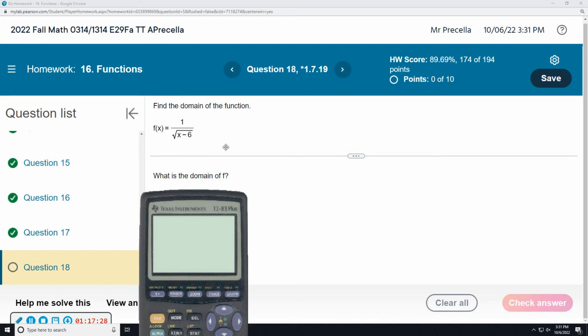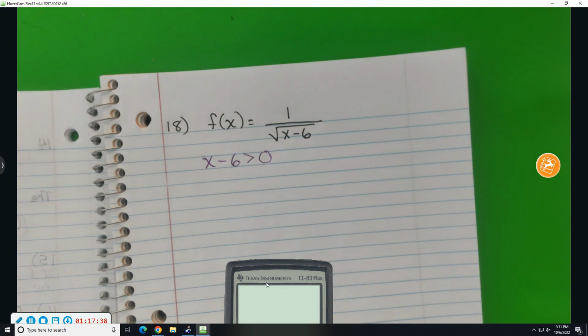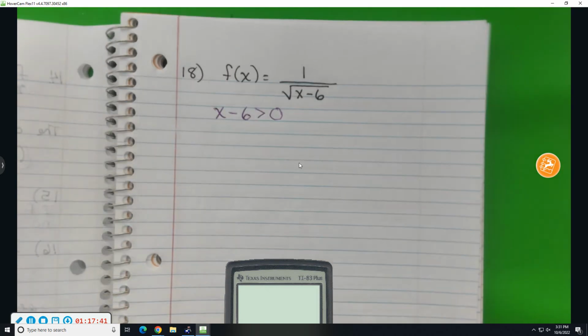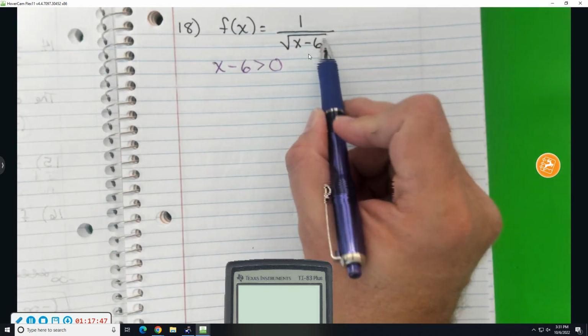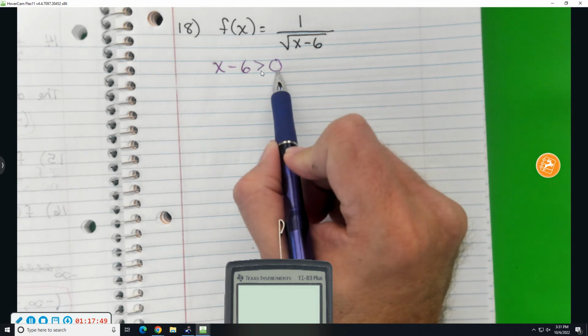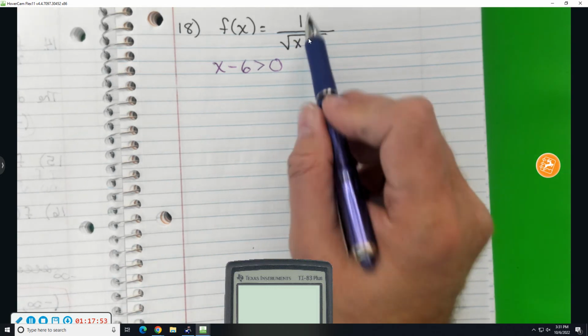I'm going to try to point out the difference between 17 and 18. Okay, let me switch over, Tony. On problem number 18, when that square root is in the bottom, you're going to take what's under this radical and go greater than 0, because you don't want a denominator of 0.